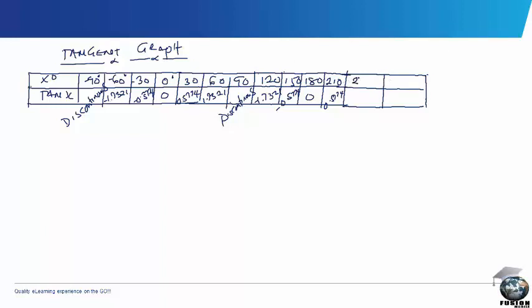You have 240, we have 270. At 240 you have 1.7321, and then at 270 the graph becomes discontinuous again. So we find out what we mean by being discontinuous, why the error has been happening.